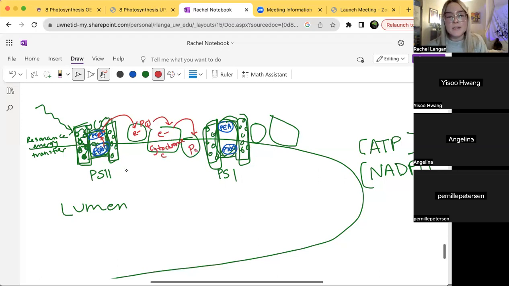As those proteins are passing electrons, they don't just take the exact amount of energy they got and give that entire energy to the next person. They actually pocket some of the energy and use it. So what do they use that energy for? When they get energy from electrons, they use that energy to pump in hydrogen ions.